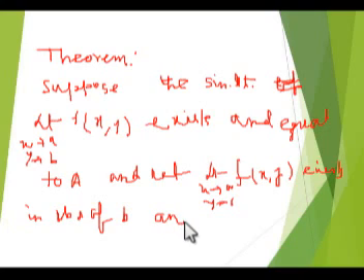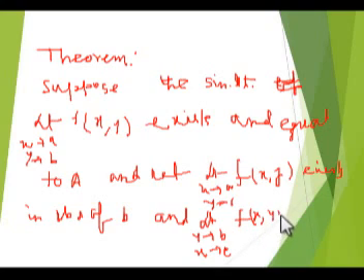Also the reverse: if the single limit as y tends to b, where x is constant, in the neighborhood of a, of f(x, y) also exists, then we can say that the iterated limits, limit x tends to a of limit y tends to b and limit y tends to b of limit x tends to a, are equal.